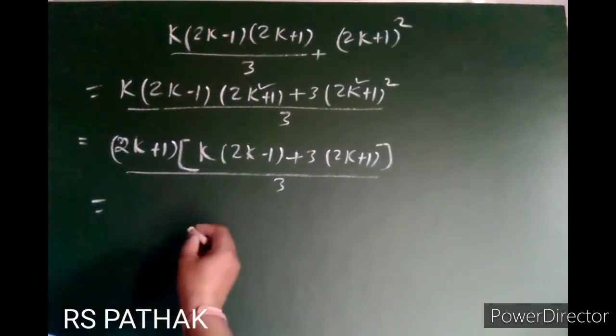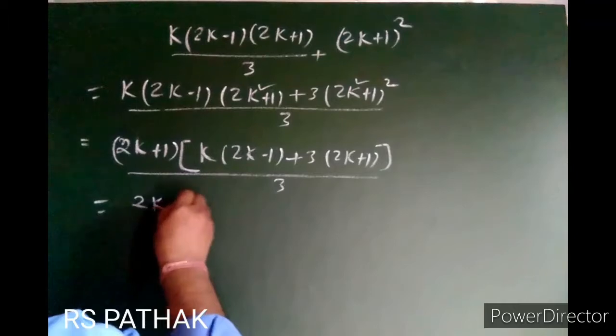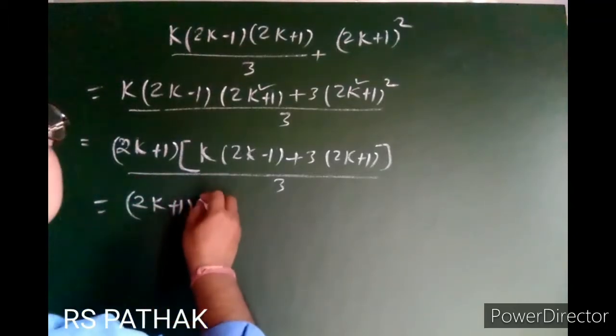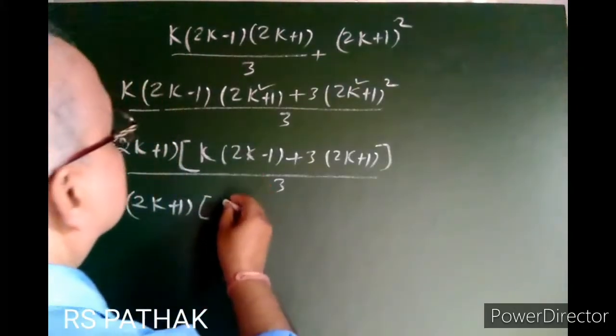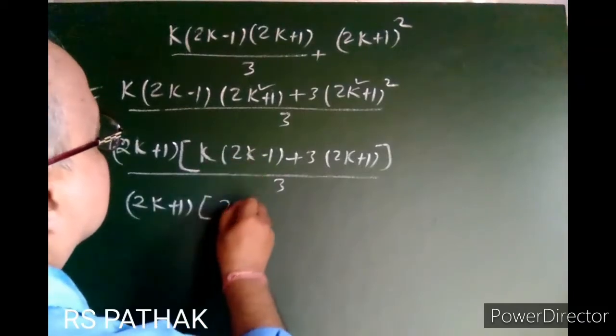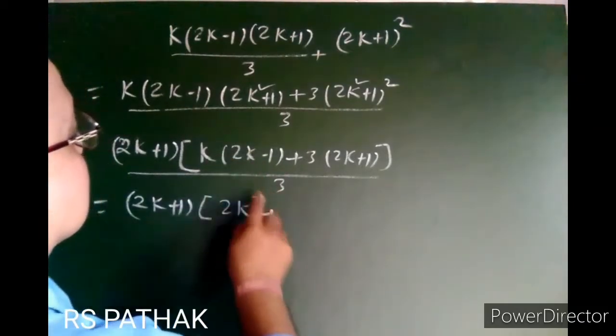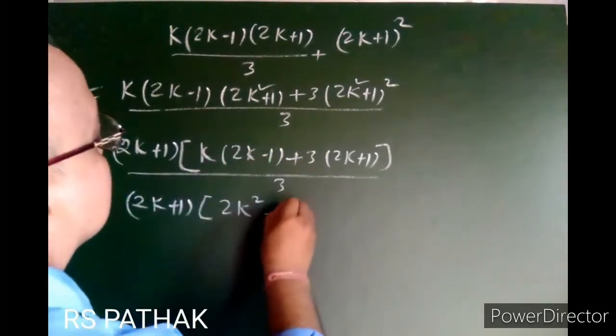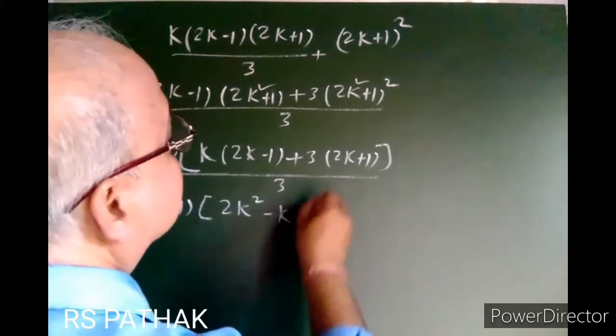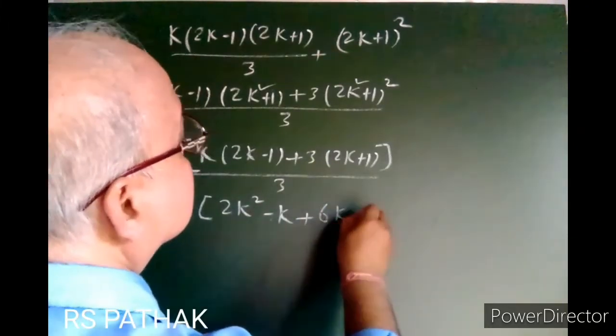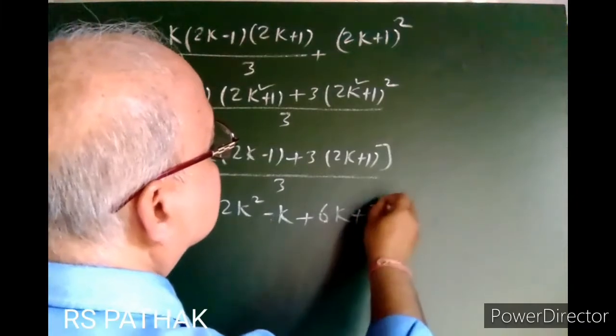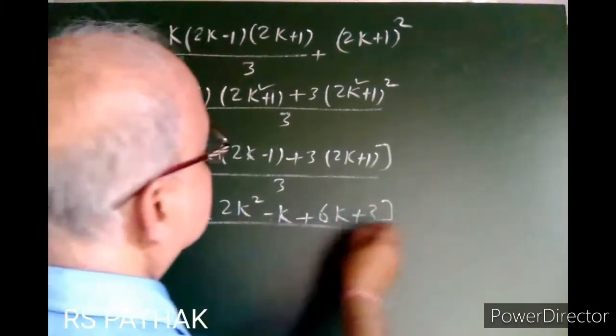Now we can write it as (2k plus 1) times [2k square minus k plus 6k plus 3] upon 3.